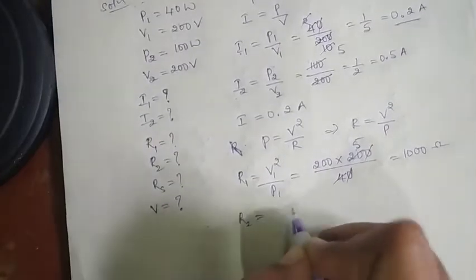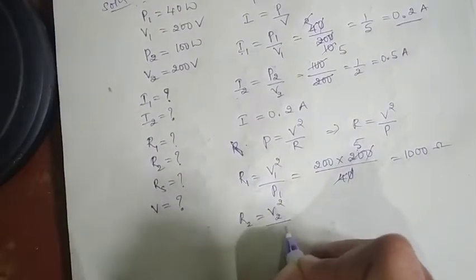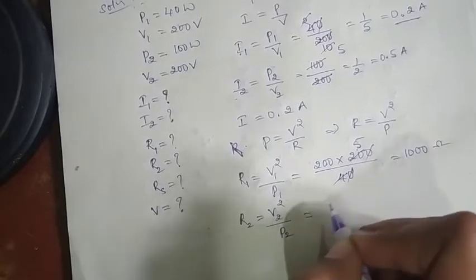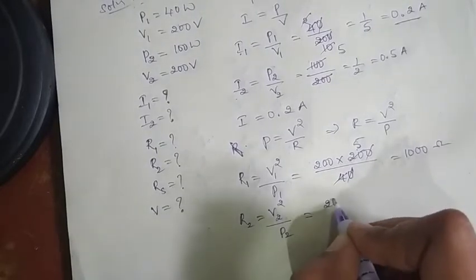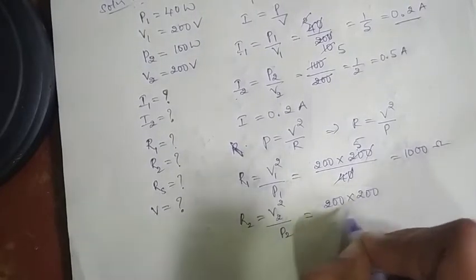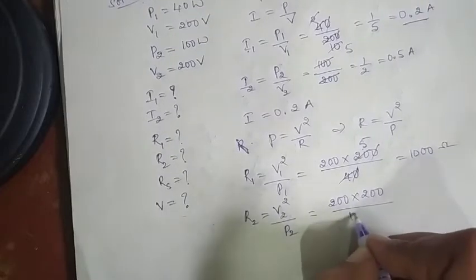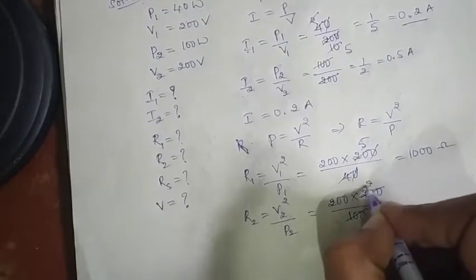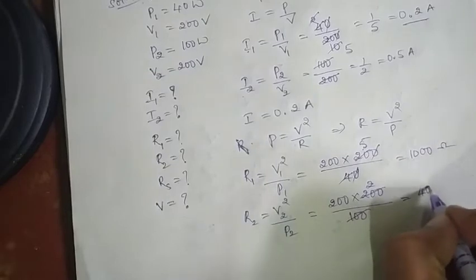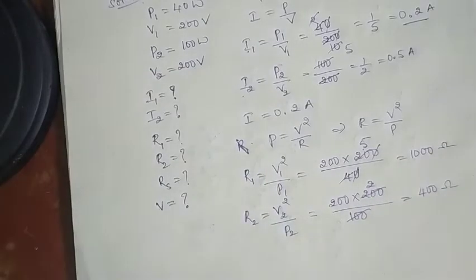R2 equals V2 square divided by P2. V2 will be 200 volt. 200 into 200 divided by P2, which is 100. 100 2s are 200, 2 2s are 4. 400 ohm.